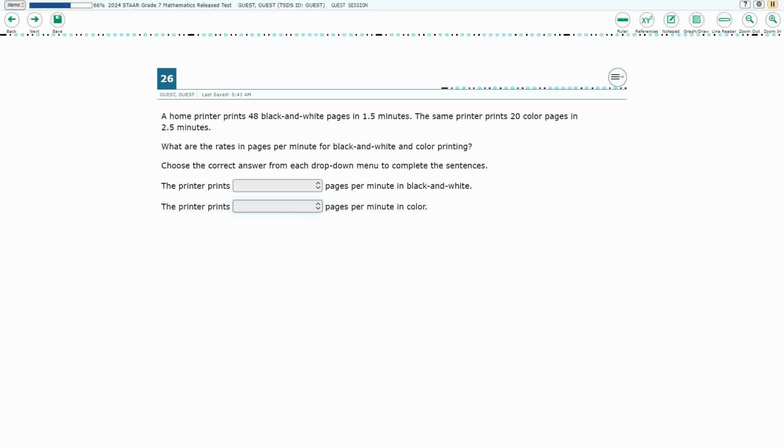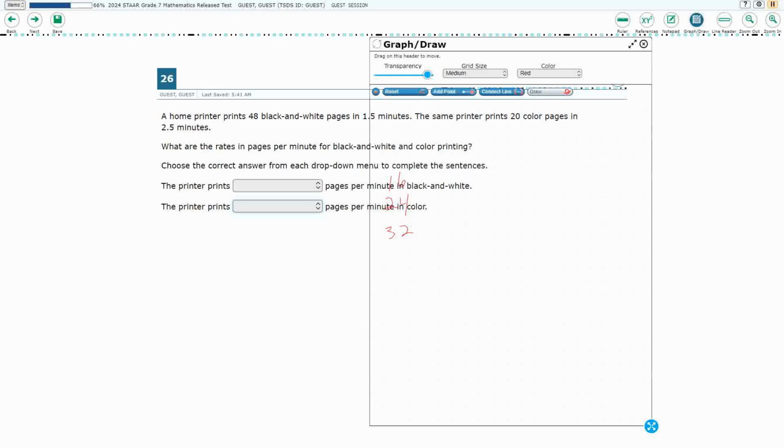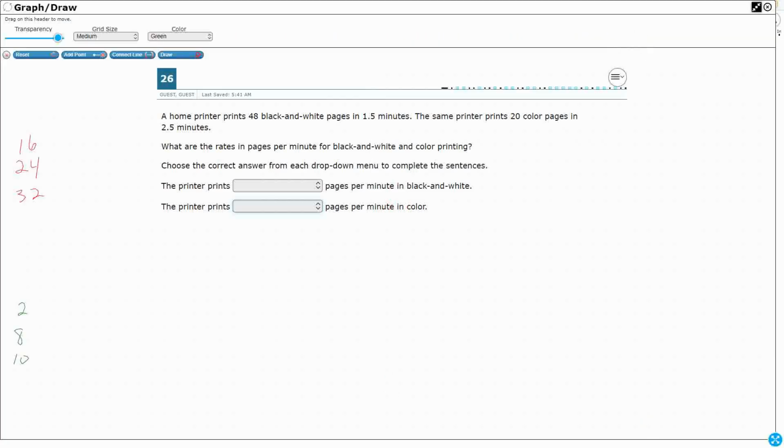It is going to be 2, 8, and 10. All right. So I'm going to put that down here in a different color. 2, 8, 10. Those are my choices. All right. So now we can do our work.